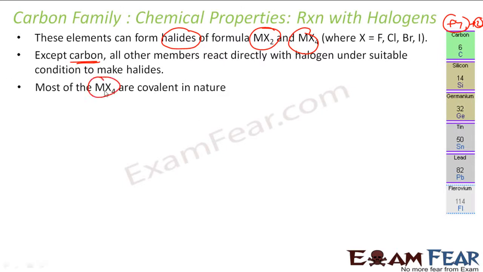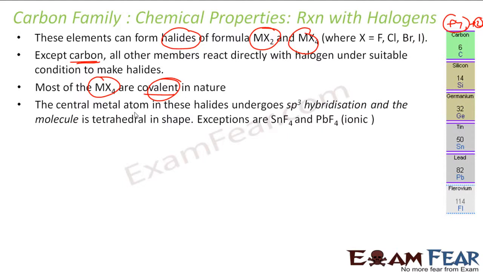Most of these halides are covalent in nature, and the central atoms, the carbon family atoms, generally go for sp3 hybridization, except the ionic ones. Since they are MX4, they generally go for sp3 hybridization.